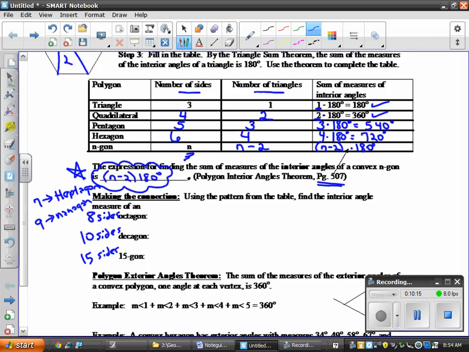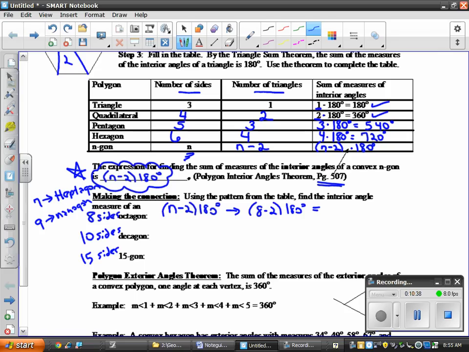Okay, so looking at this formula for finding the interior angle measure. So we're talking about if we want to know what the total angle measure inside any octagon is, it'd be using the pattern n minus 2 times 180 degrees. So since we know the number of sides is 8, we can put that right in. So 8 minus 2 times 180 degrees.